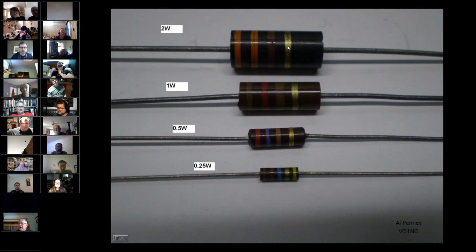Now we'll talk more about watts next chapter, but just bear in mind that the bigger the resistor in this case, the more heat it can dissipate and still operate. So if you try to put too much current through this resistor, it's going to generate a lot of heat and it'll burn up. But this resistor can tolerate more heat because it's got more surface area, more physical mass, and can give off that heat and not burn up.